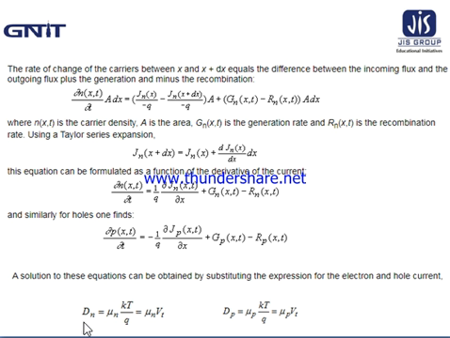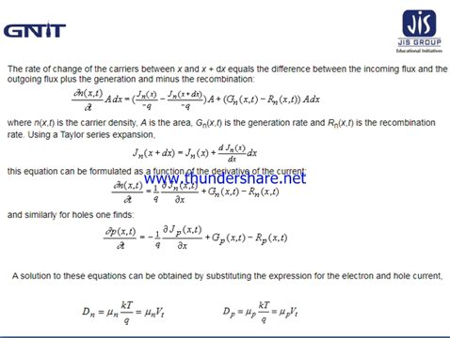Now what is Dn and what is Dp? Dn is the electron diffusion coefficient and Dp is the hole diffusion coefficient, and the unit is centimeter square per second for both.